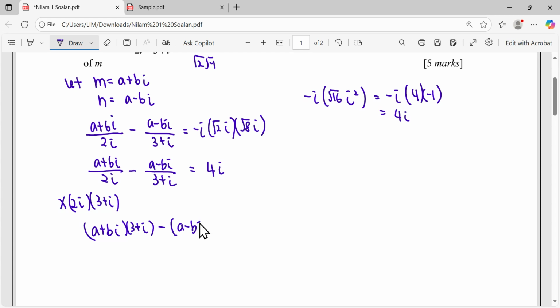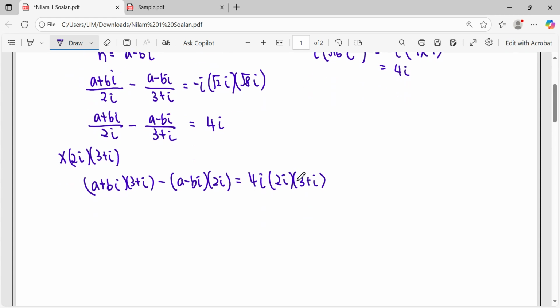For the second term, the 3 plus i cancels, and we times with 2i. Then on the right hand side, times 2i and 3 plus i. Will it be more simplified? It's just multiplication, and you can use your calculator to check.